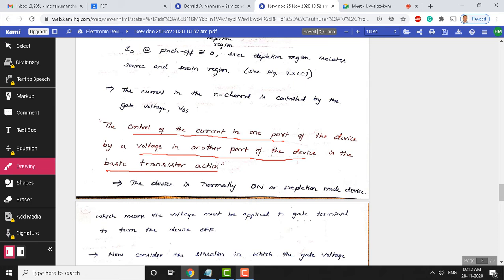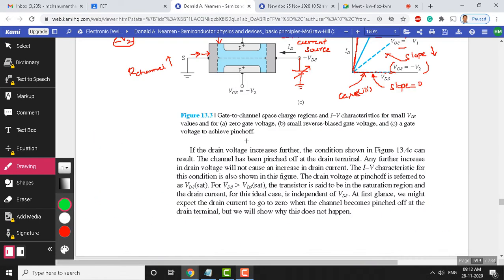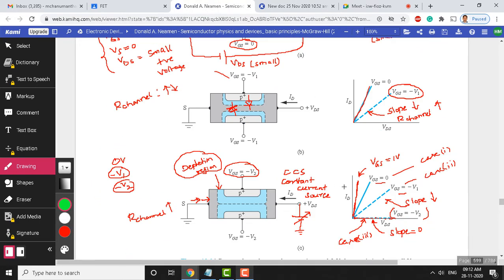And the device we have discussed, for VGS 0 and negative, is called a depletion mode device, or sometimes it is called normally on. This is the device I am talking about.